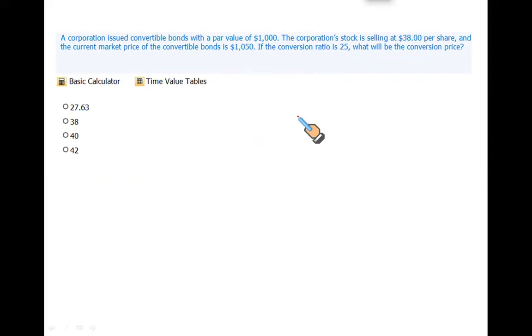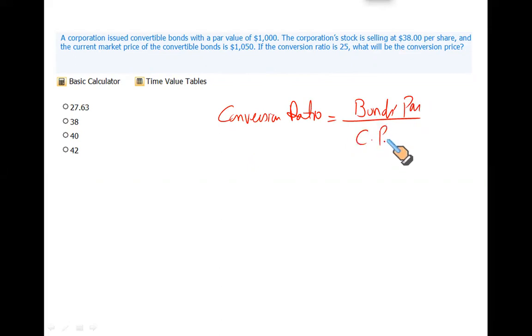How do you calculate convertibility? The formula, please note down the formula. The formula is conversion ratio is equal to the bond's par divided by the conversion price. This is the formula.